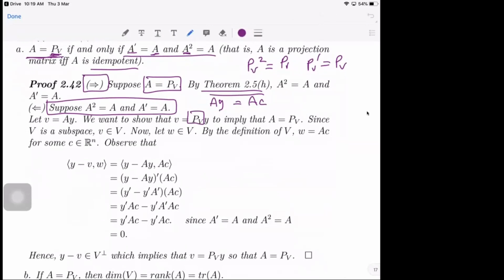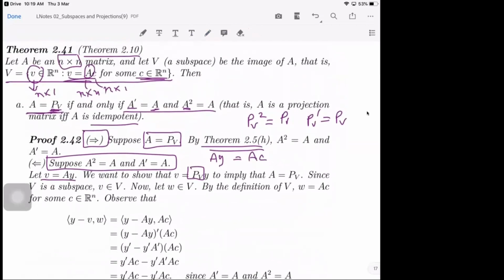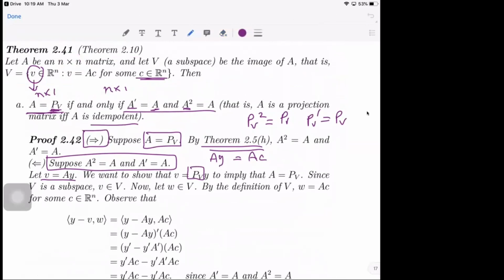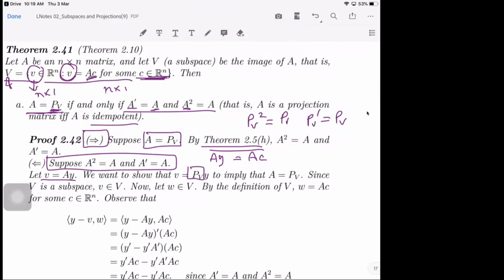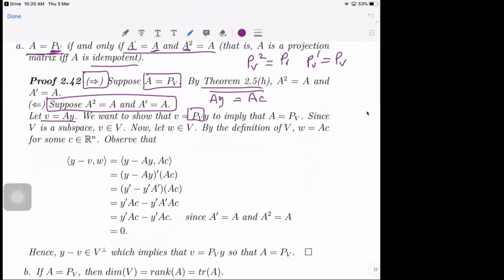So to do that, let a vector V be AY. This is how the vectors in that space look. This is the space being considered, so any vector in V is of the form AC, where C is n by 1. So suppose our vector is AY.